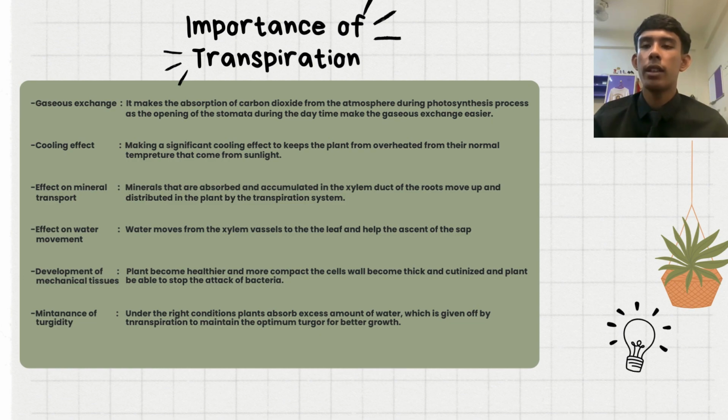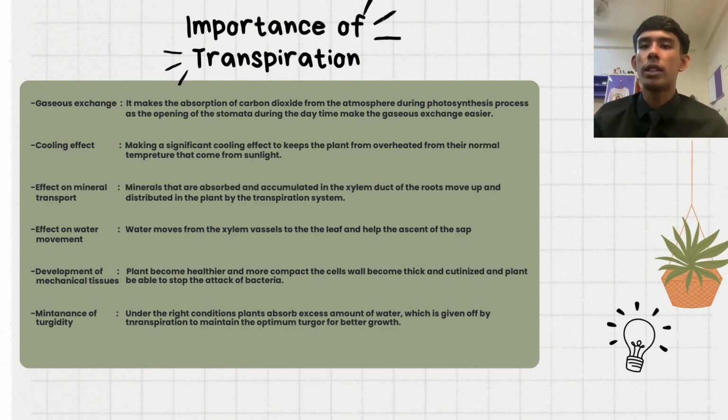Cooling effect: it provides a significant cooling effect to keep the plant from overheating from the sunlight. Effect on mineral transport: minerals that are absorbed and accumulated in the xylem ducts of the roots move up and are distributed in the plant by the transpiration system.